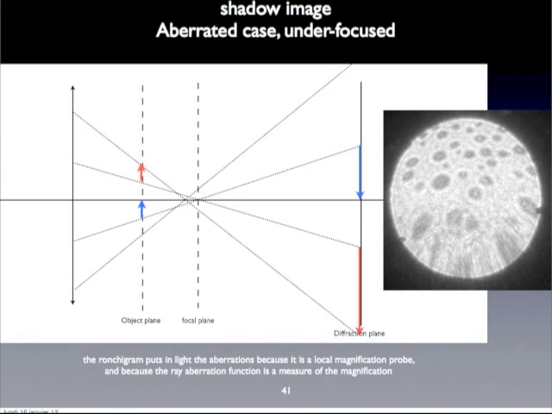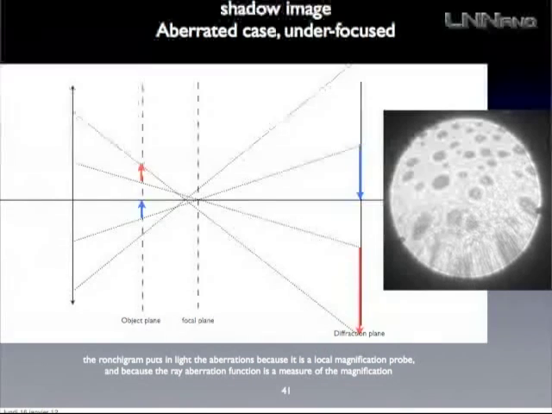This is coma aberration for what it matters. And if you look at the shape of an object, which should be a disk or a sphere, here it's almost spherical. But when you go to high angle, the local magnification is changing. So it's just stretching the object at high angle, as you see here, and compressing it on the other side. Okay, so it's really typical of coma aberration.